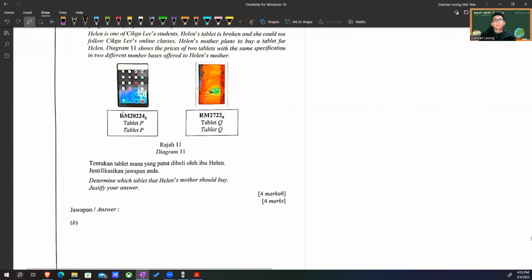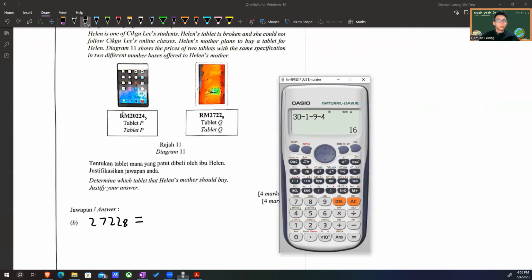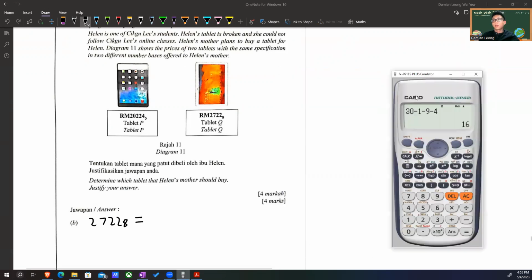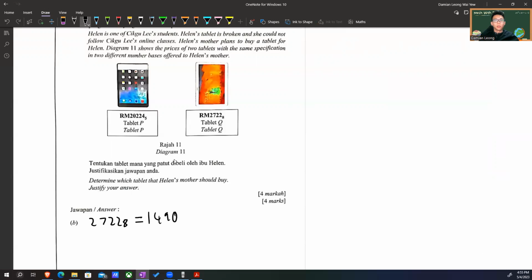Now, so let's say I change from base 8 to base 5. So base 8 to base 5. First, I change to base 10. To change to base 10, just for information, you can even use your calculator to do that. Okay, put mode base, start from octal 2722 equals, then put decimal 1490 in base 10.